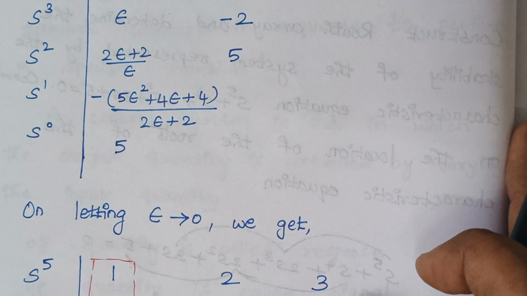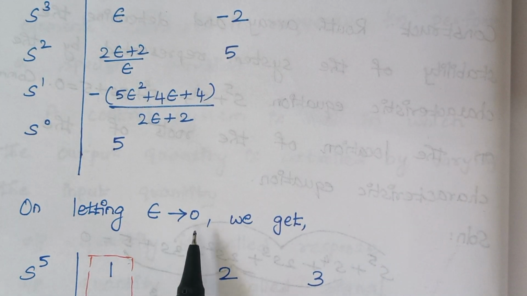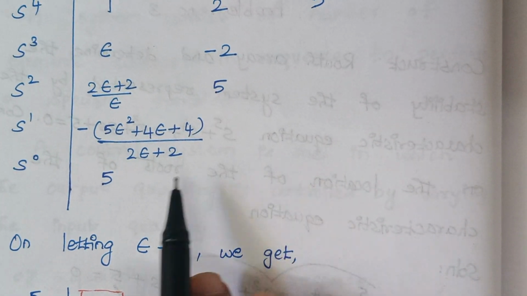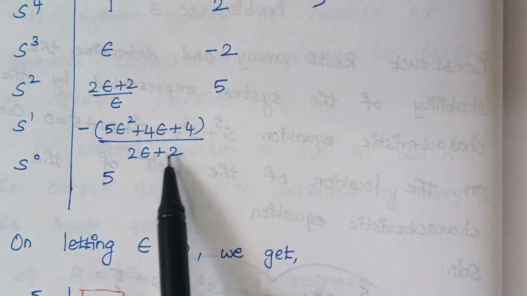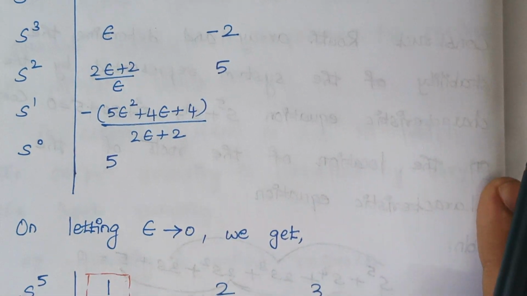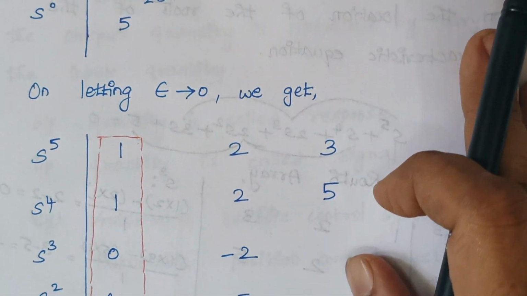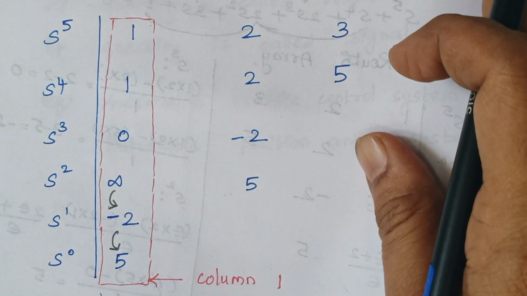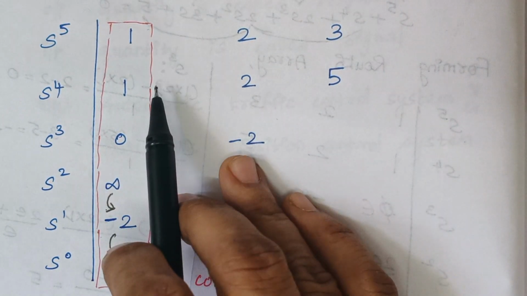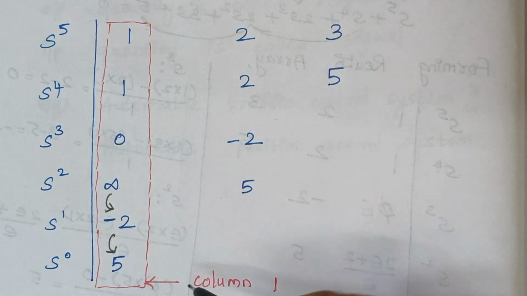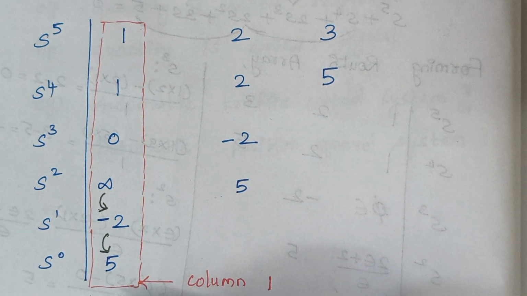So the next step is we are making epsilon equal to 0. So in the place of epsilon, we have to substitute 0 here. So when you substitute, you see, we are getting the answer like this. Right. 1, 1, 0, infinity, minus 2 and 5.